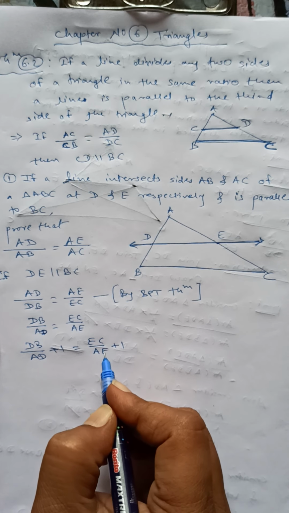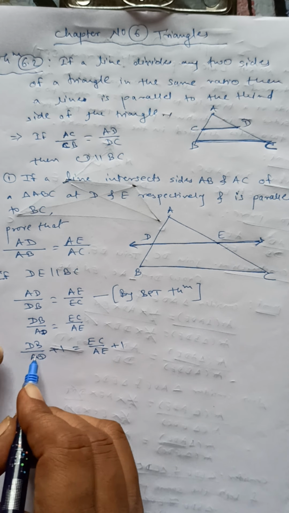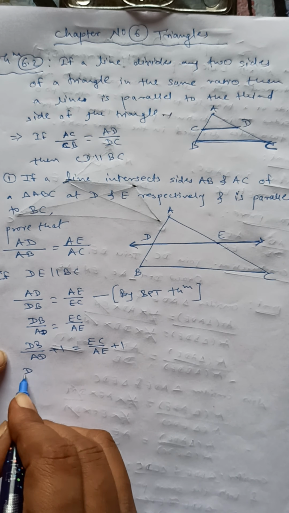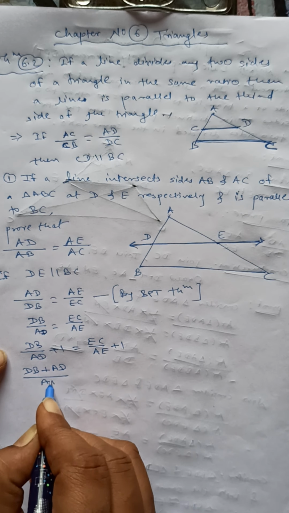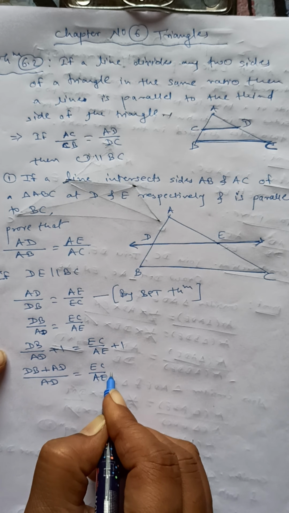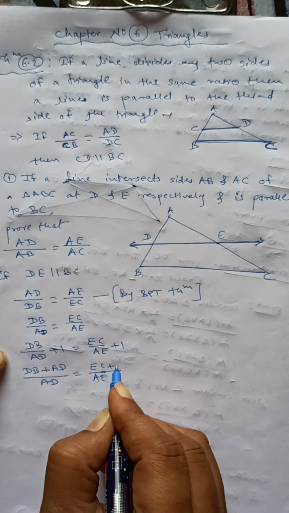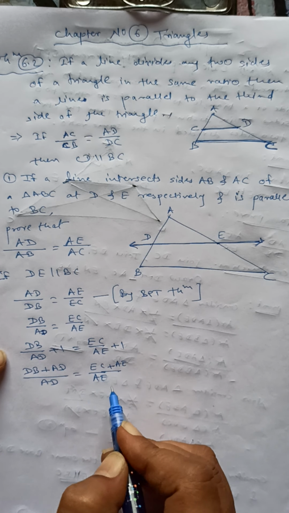Whatever I am doing, I have to do the same on both sides. So I'll equate the denominators. DB plus AD upon AD is equal to EC plus AE upon AE.